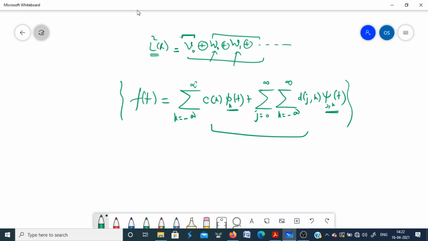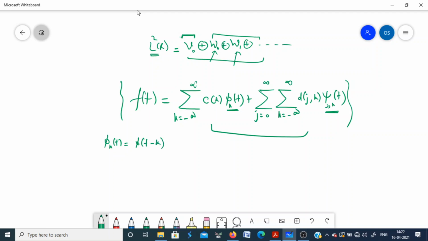The scaling function we have used at 0 scale, so there are just translates; only phi of kt is used. Phi kt is basically phi of t minus k.